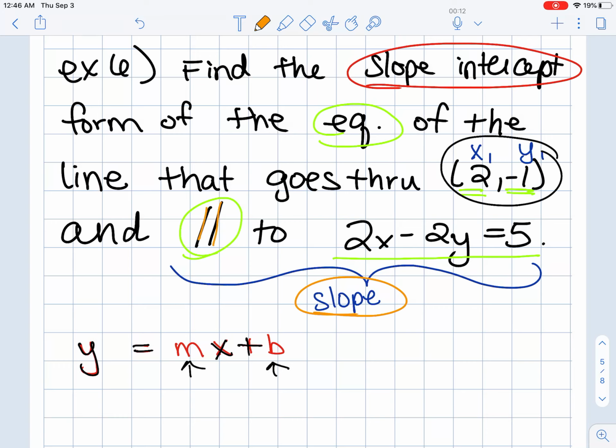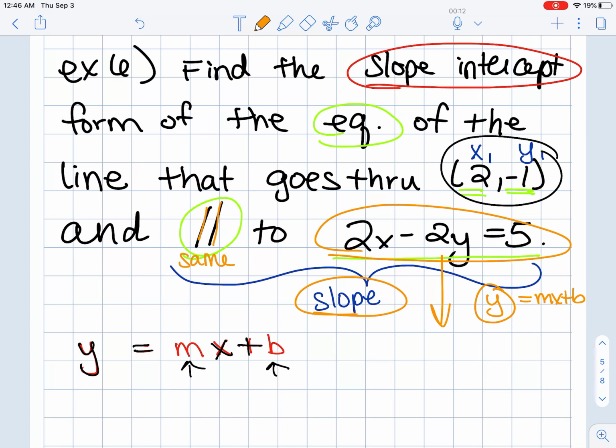So we know if it's parallel, it has to be the same slope as this equation. So let's go ahead and get this in a form where we can actually find the slope. So if we have 2x minus 2y equals 5, that's called standard form. Let's go ahead and make it so that we can get y by itself so we can isolate the slope. So let's go ahead and put it in y equals mx plus b form.